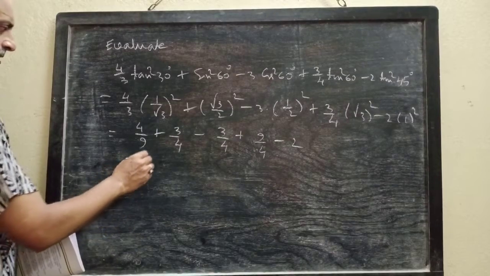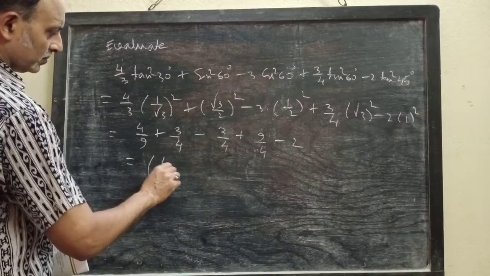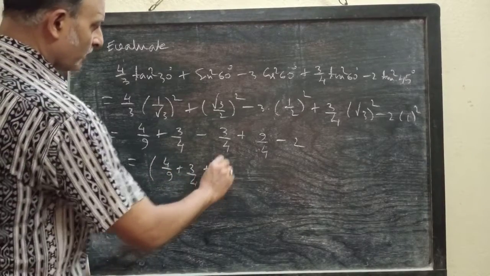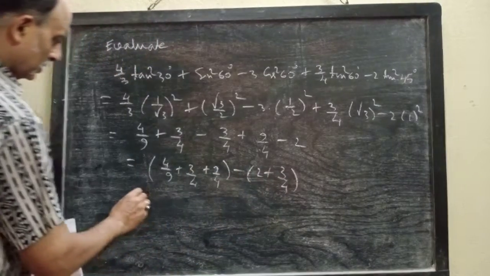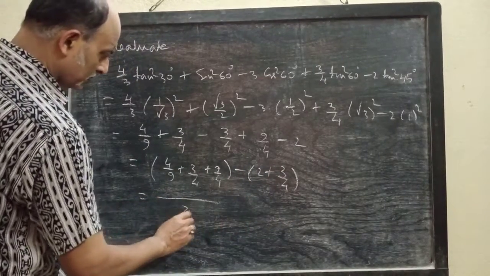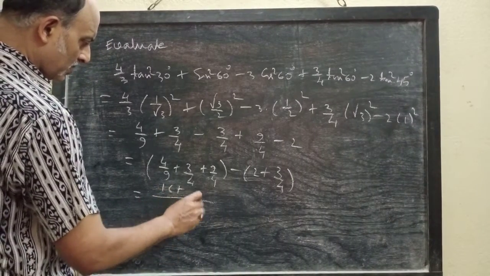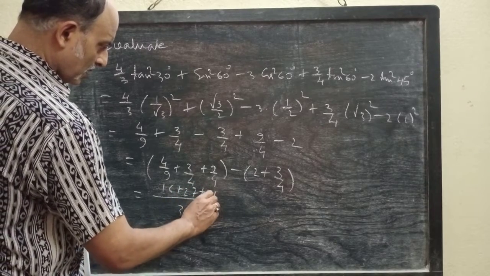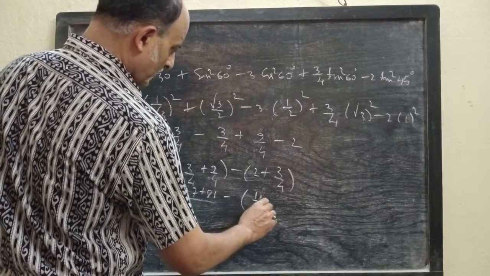Now collect the positive terms together: 4 by 9, 3 by 4, 9 by 4, and the negative terms together. LCM 36, this is 16, 27, 81 minus 4 to the 8, 3, 11 by 4.